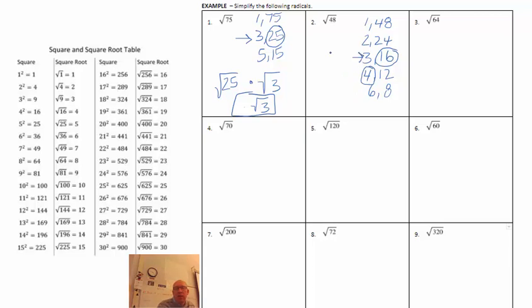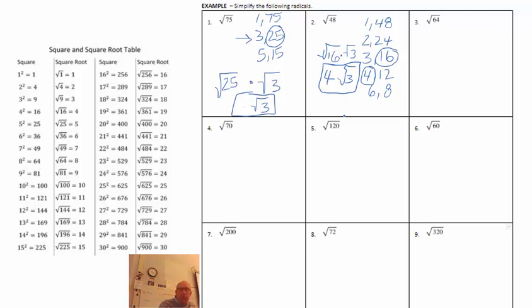So that will be 3 and 16. And now we do our product rule. The square root of 16 will go first. Square root of 3 will follow. Square root of 16 is 4. The square root of 3 is not a perfect square, so we will leave that as the square root of 3. And there you have it.